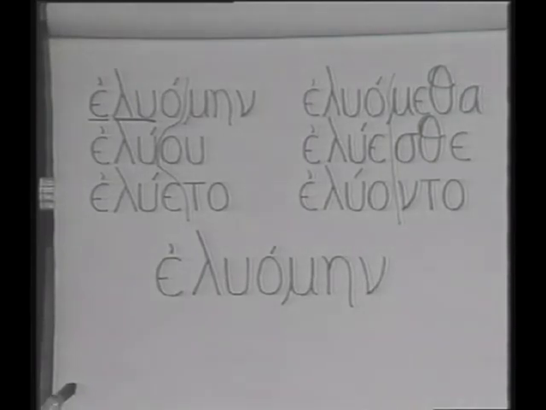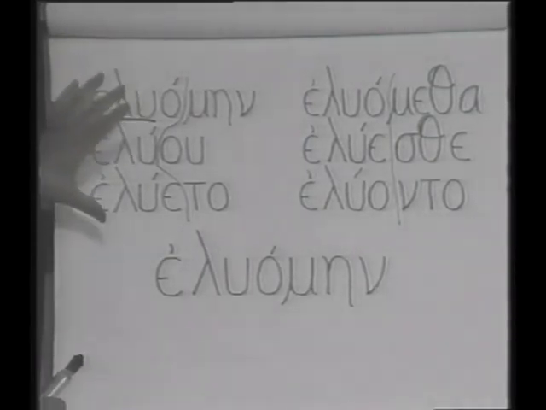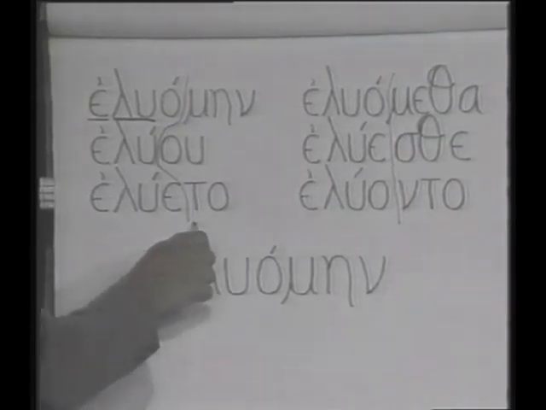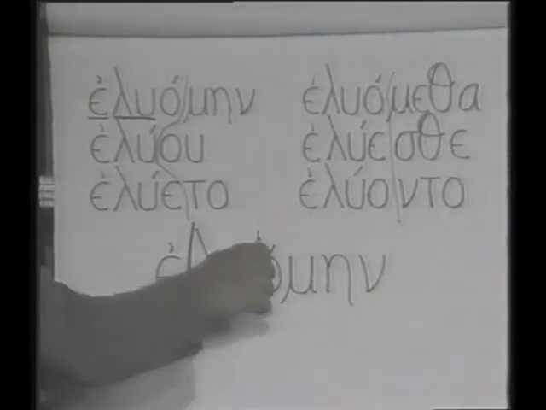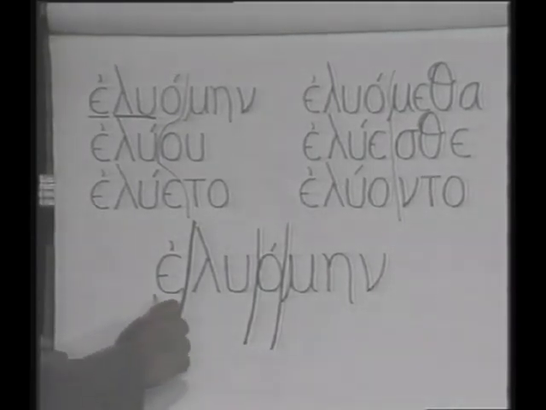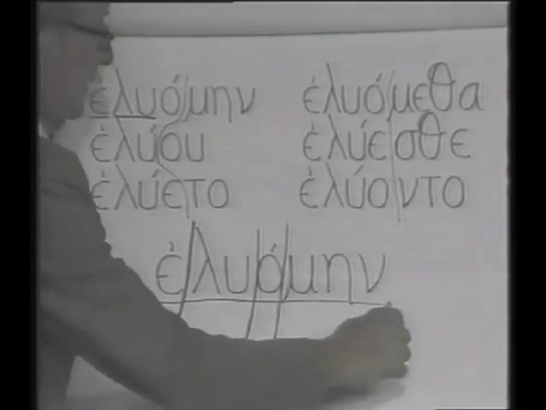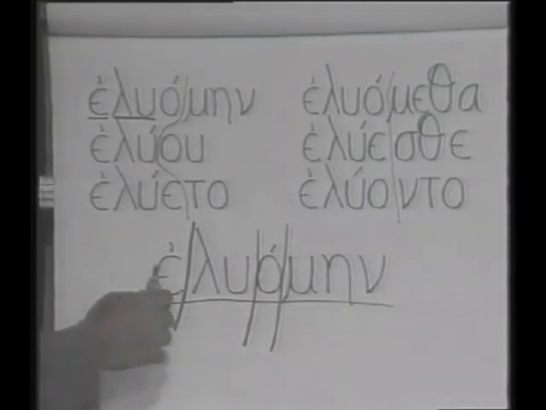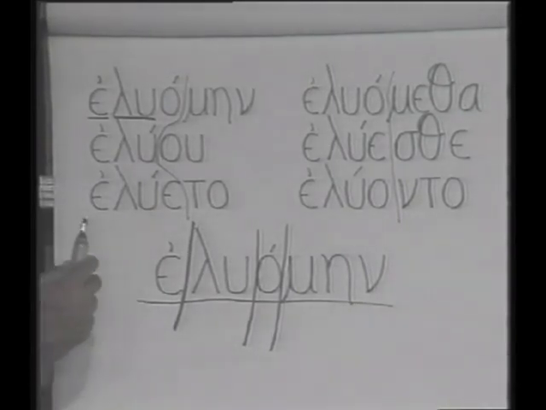Now, we want to get this on page 23, but before we do that, on page 24, remember the way we divided words? Elyomen. We're going to divide that word up, and then we'll let you put that in your workbook on page 24, where it says imperfect, middle, or passive. And this will be what? Now think about this.